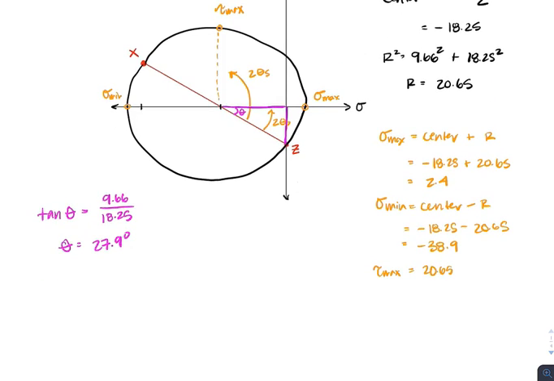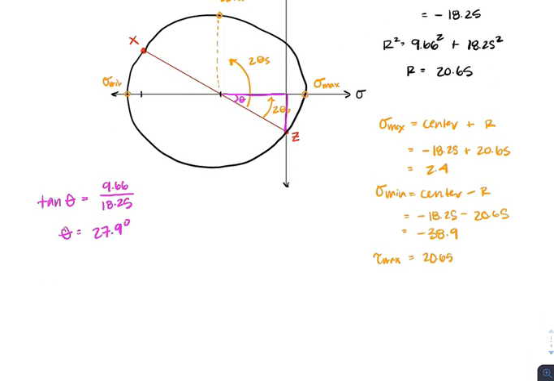So now we just need to relate that angle back to our 2 theta s and 2 theta p. So we'll start with 2 theta p. You can see that 2 theta p is just going to be equal to whatever theta is. So we can solve that theta p is going to be equal to 13.9 degrees going counterclockwise. And then for 2 theta s, we can say 2 theta s is going to be equal to theta plus 90 degrees.